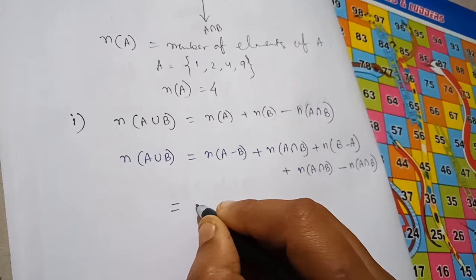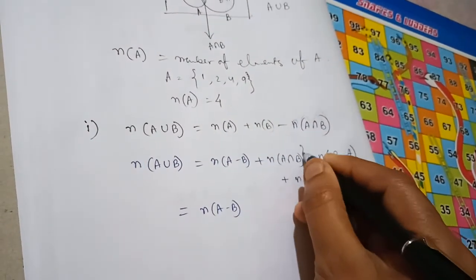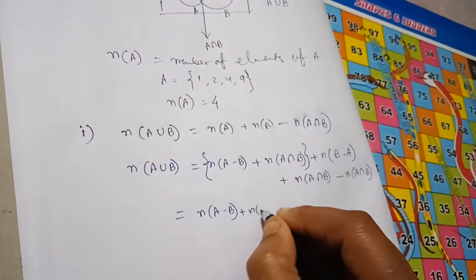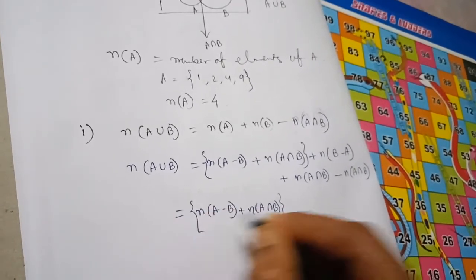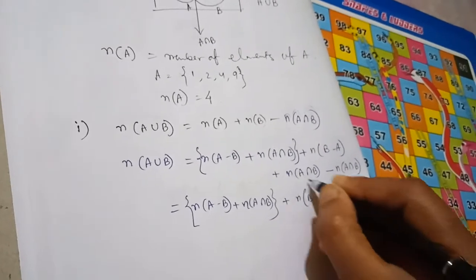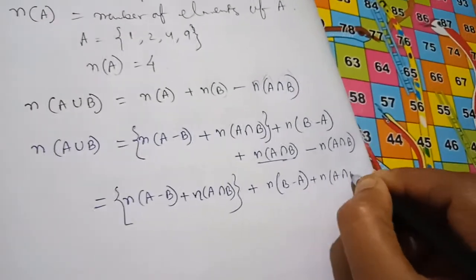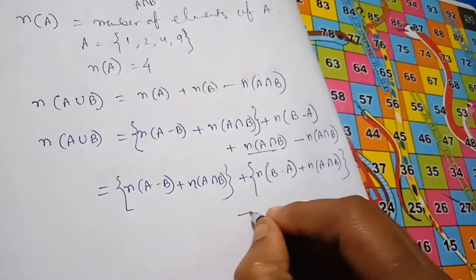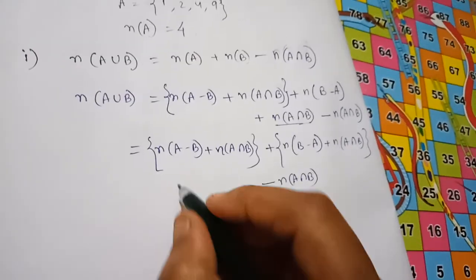So now I'm grouping n of A minus B plus n of A intersection B together, plus n of B minus A and this n of A intersection B, these two together. What is left? We are left with minus n of A intersection B.